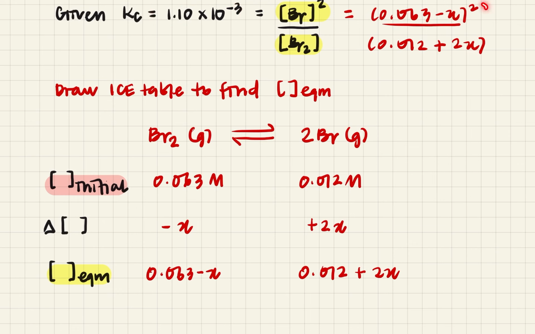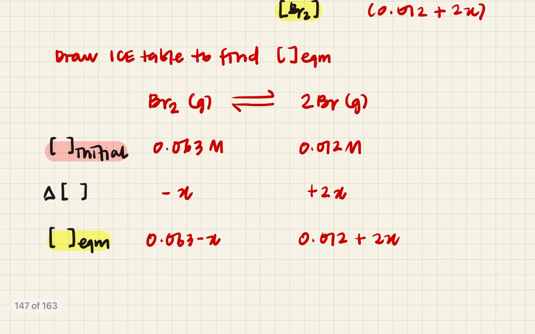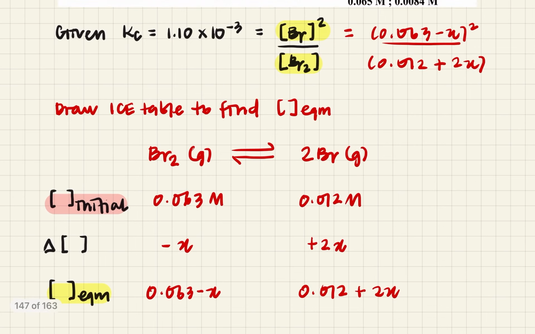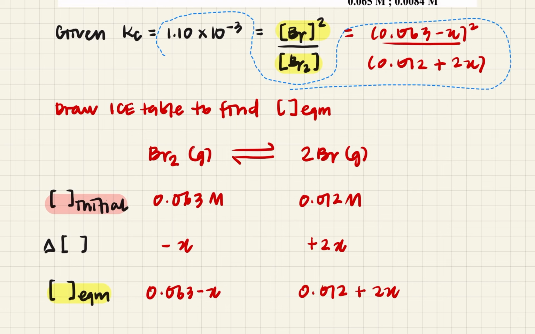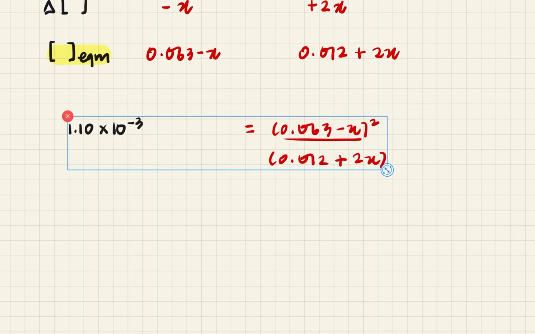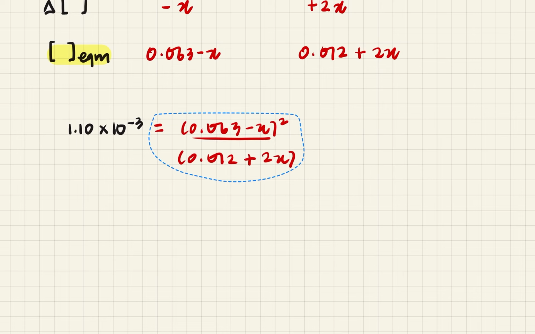What should you do? You are going to expand this. So equate this whole equation. What I'm going to do is take this and this and copy, then paste. So you have this.